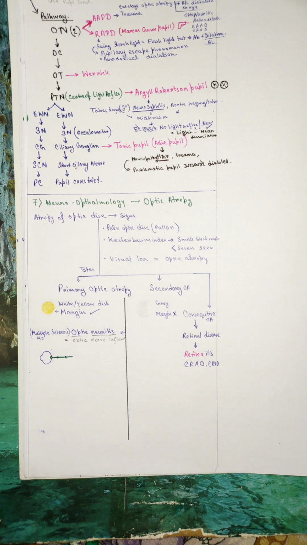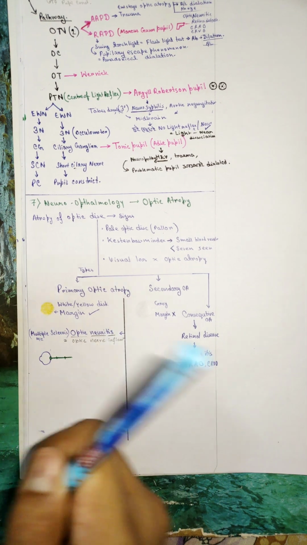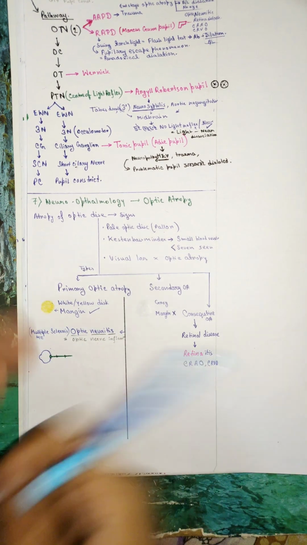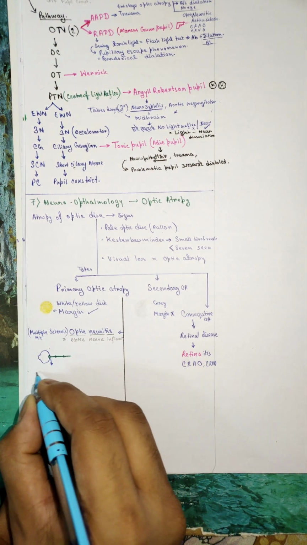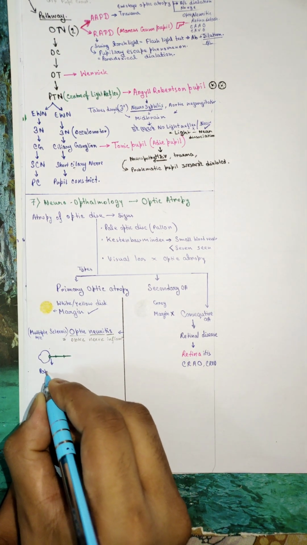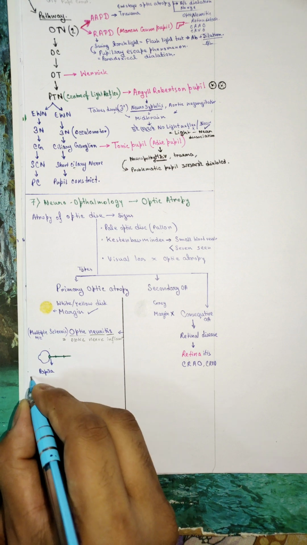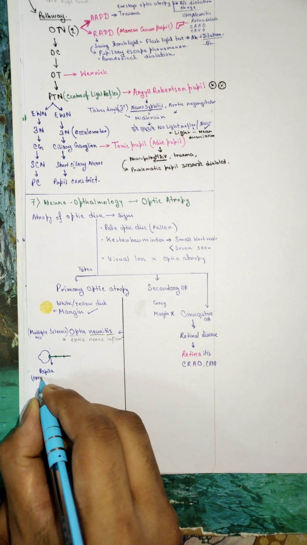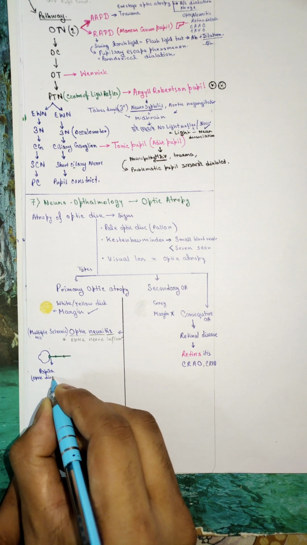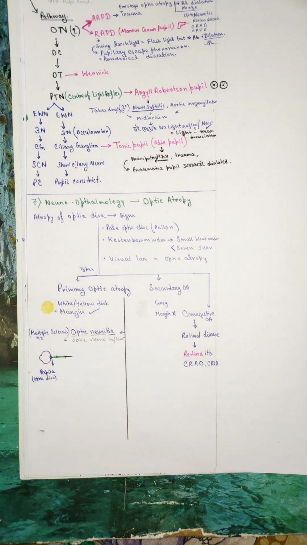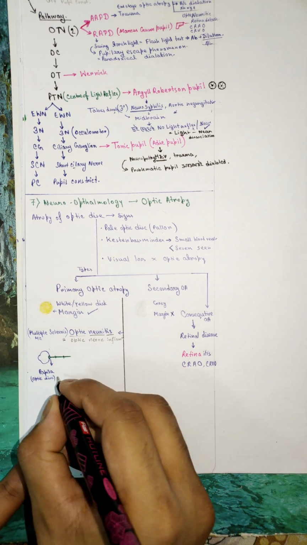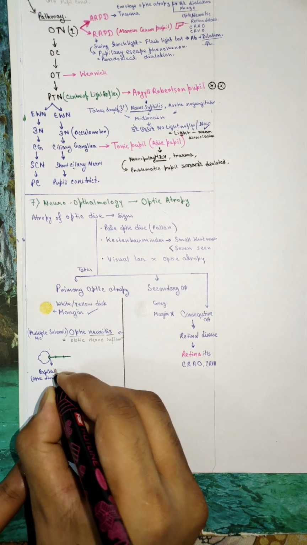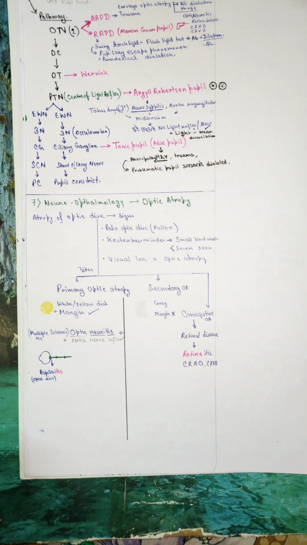Now, the frontalmost part of the optic nerve is called the optic disc, that is also called papilla. So in the papilla, swelling can happen. Optic neuritis is ultimately nothing but inflammation of the optic nerve. So if the papilla swells, that means the optic disc gets swollen, we will call it optic papillitis.